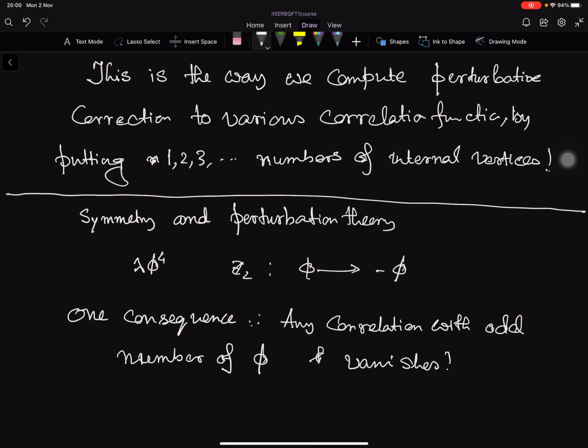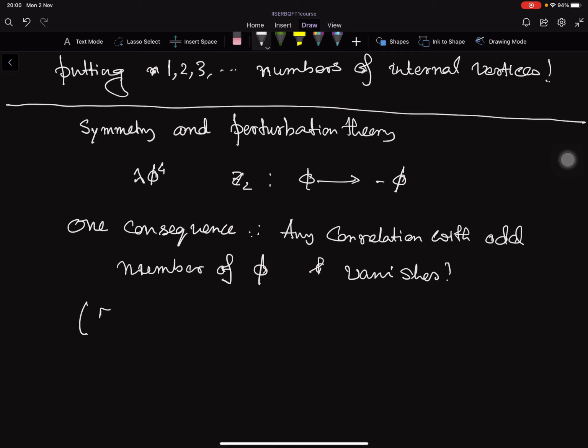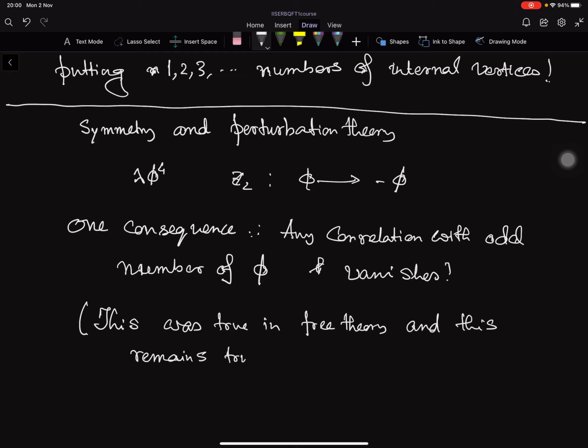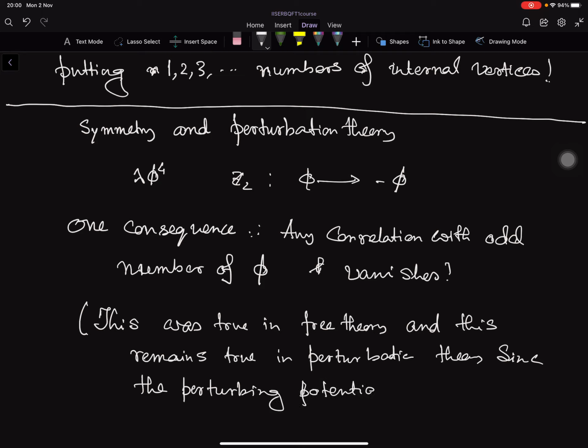I mean, this was true in free theory, and this is also true in perturbation theory, since the perturbing potential obeys the symmetry.